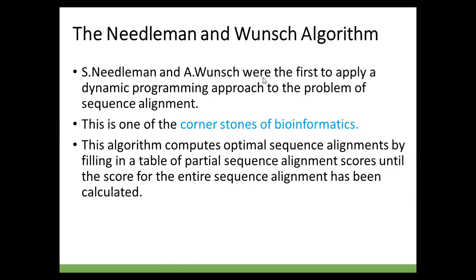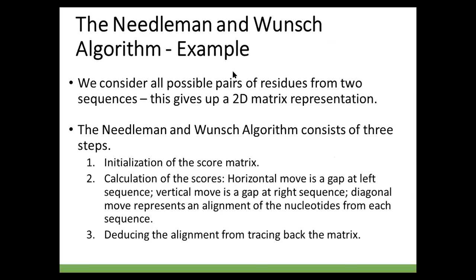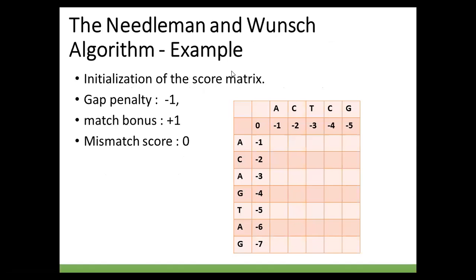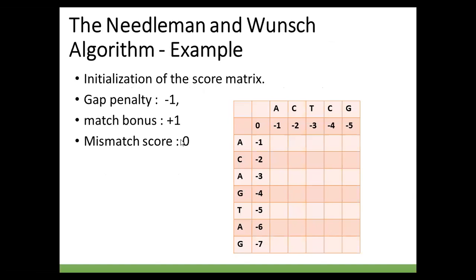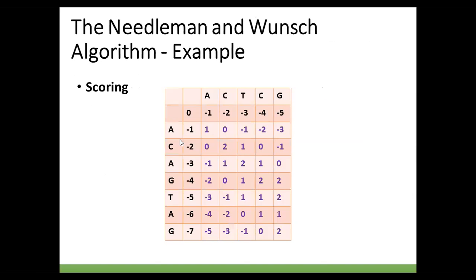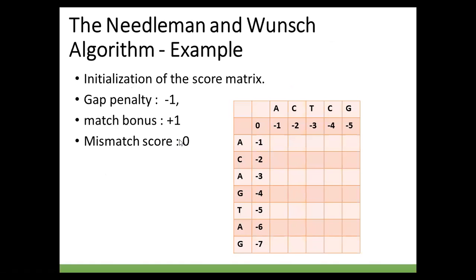Let's have a look at how this is being done. Now we know all the characteristics, so these are the main steps of the Needleman and Wunsch algorithm, and let's try to develop this.